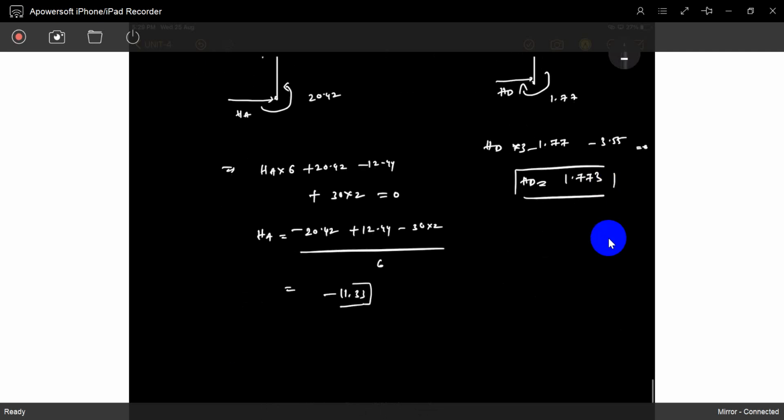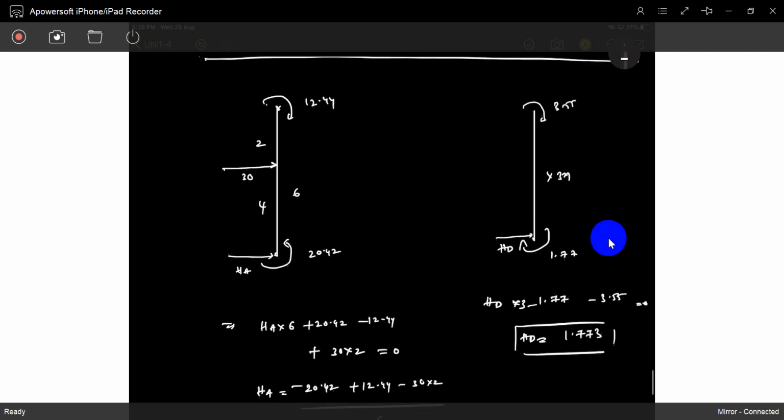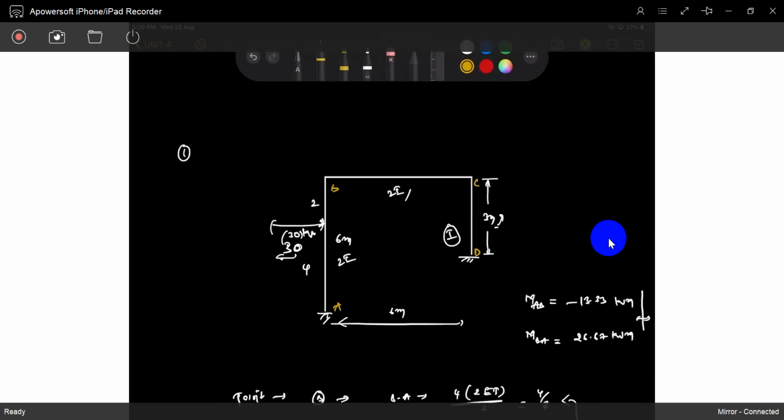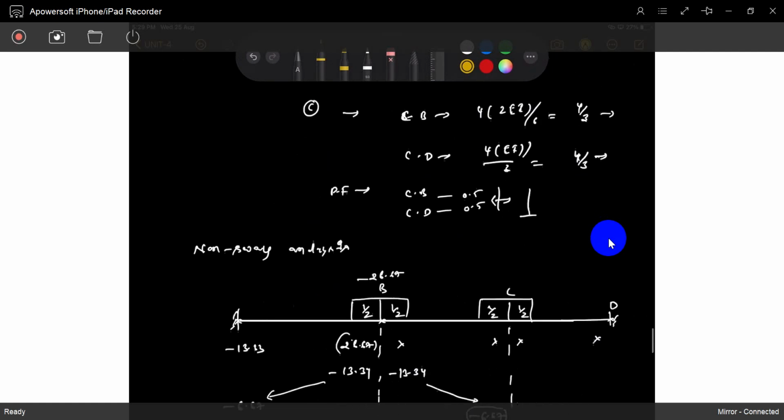Okay. Now you see what is an equilibrium equation. Now you can observe it. We write down this is HA, this is HD. So in the system compulsory HA plus HD plus 30 should be equal to 0. Horizontal force is there in the system, na? But what we will get?